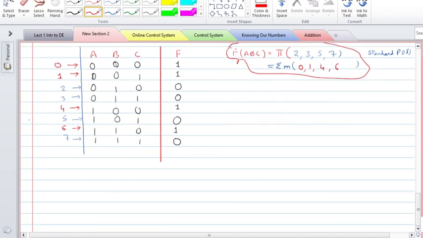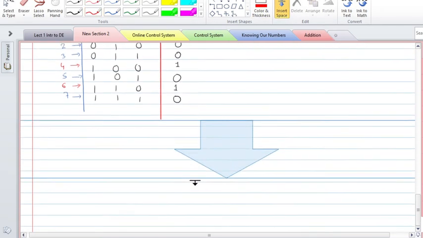Okay, now let's have an example with a simple POS form. Suppose the function is f of a b c equal to a plus b, into b plus c.